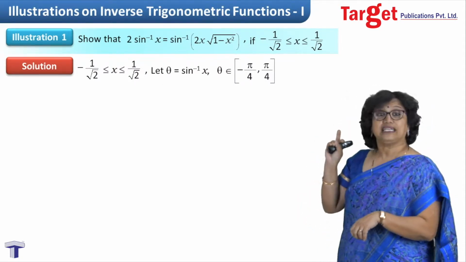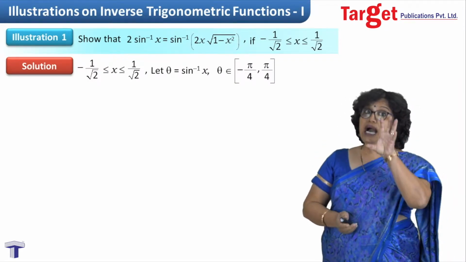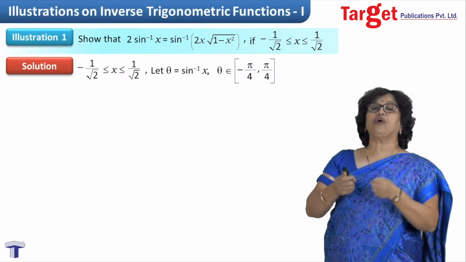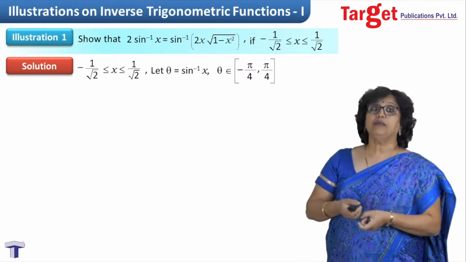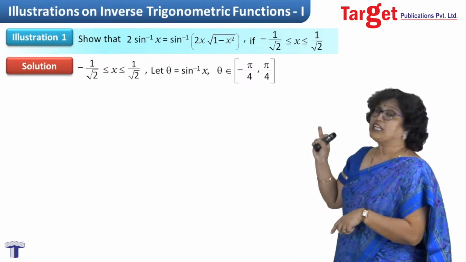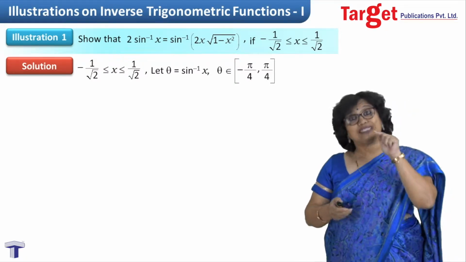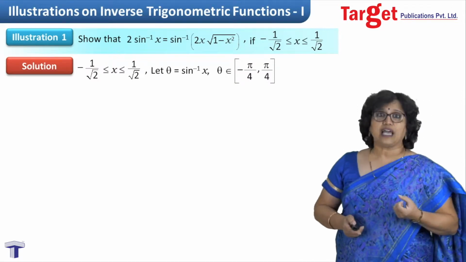But now, since the condition is given, x lies between minus 1 by root 2 to plus 1 by root 2, I can actually make that domain, or set of values of theta, more tightened by writing it as minus pi by 4 to pi by 4. Why do I write minus pi by 4 to pi by 4? Because x lies in minus 1 by root 2 to plus 1 by root 2.